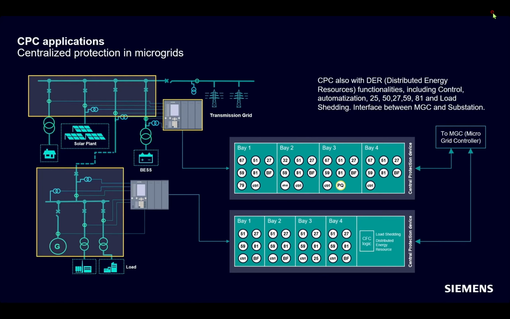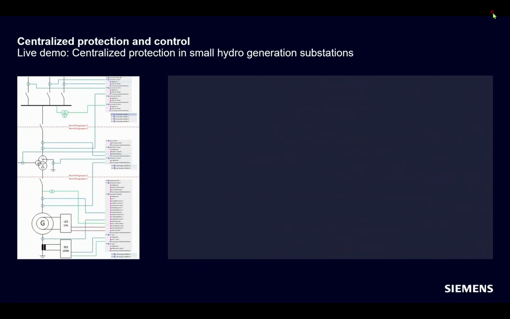And in the case of a substation with critical loads, one CPC device capable of controlling and protecting 4 bays, including functions like load shedding or other functions to control breakers according to the information received from the microgrid controller.